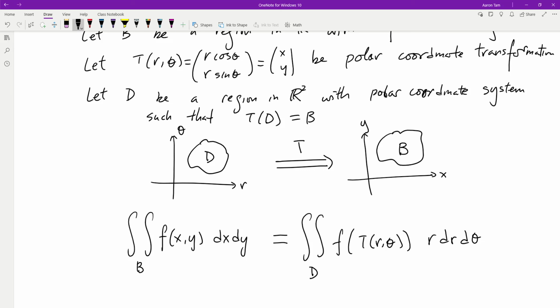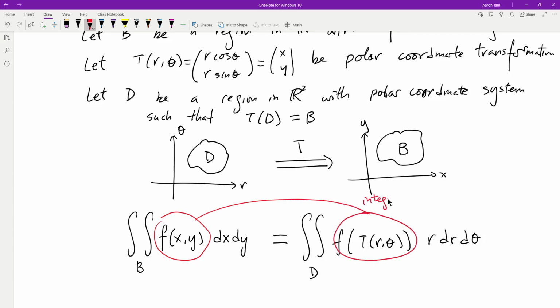So what's important to understand is the following. Remember that whenever we form an integral by applying a change of variable or u substitution, we have to change three things. Number one, we have to change the integrand.